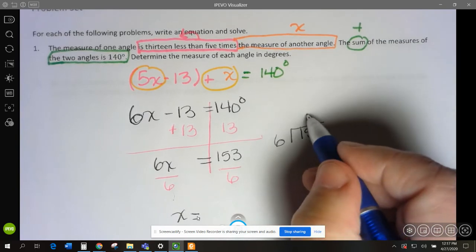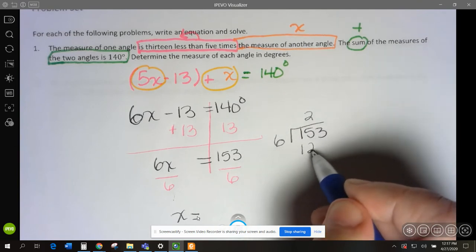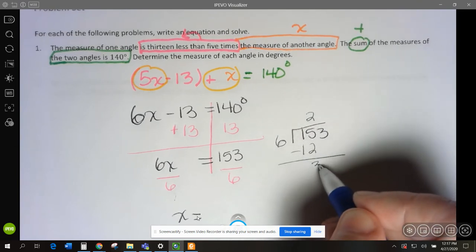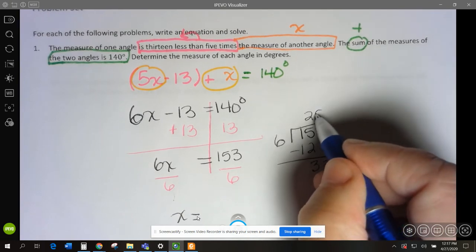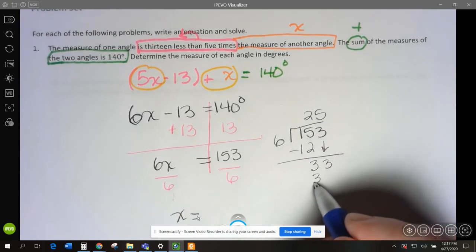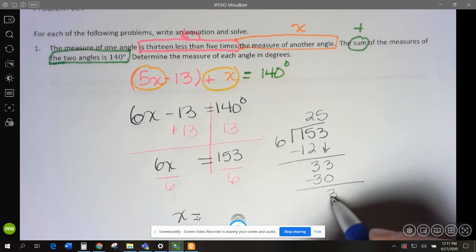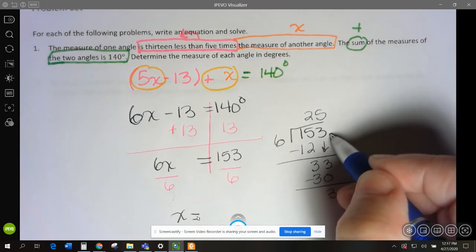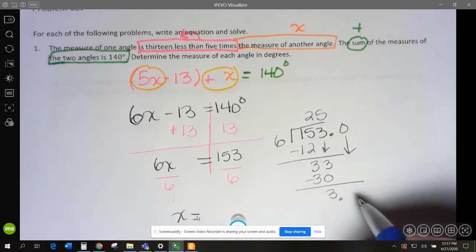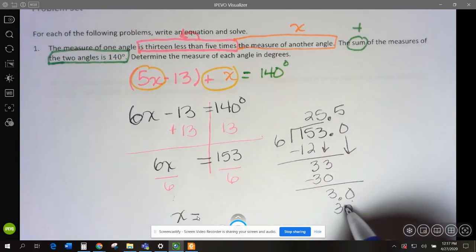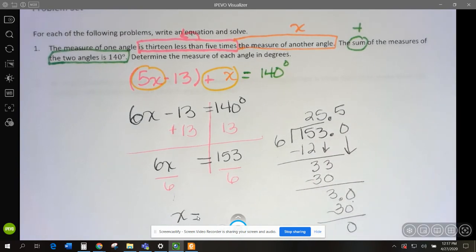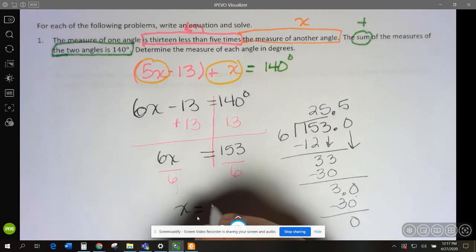Six goes into 15 twice, that would be 12. 3, bring down this 3. 6 goes into 33 5 times. 6 times 5 is 30. We can add a decimal and a 0, bring that down. And 6 goes into 30 again 5 times, and we have no remainder. So x is going to be 25.5.